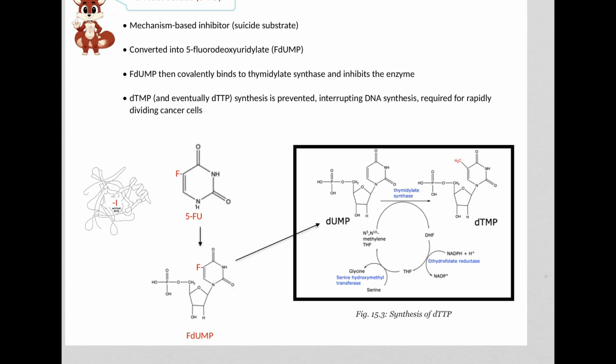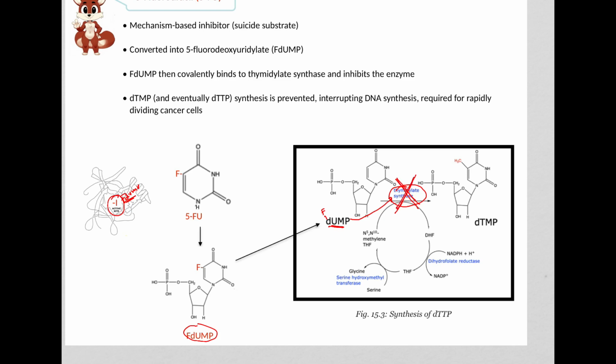So if we have the fluorinated form of dUMP instead of dUMP, and this goes to the active site of thymidylate synthase, it will covalently bind thymidylate synthase. So the FdUMP will be covalently bound to thymidylate synthase, and that will essentially kill this enzyme.